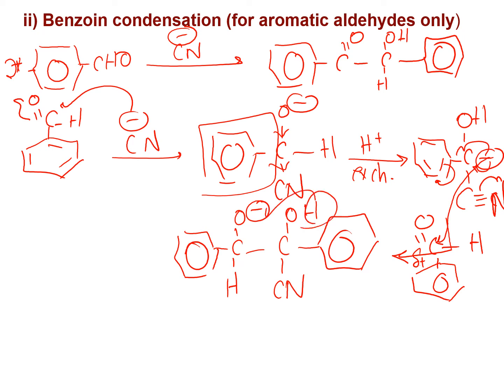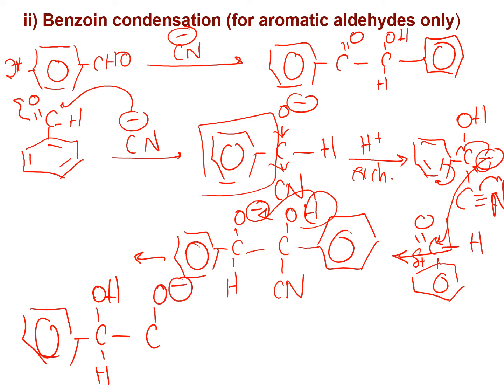If we move this proton here, now you have an OH and an H, and then you have a C carrying an oxygen, which is now carrying a negative charge since it gave away its proton, and the carbon is attached to a cyano and a benzene ring.